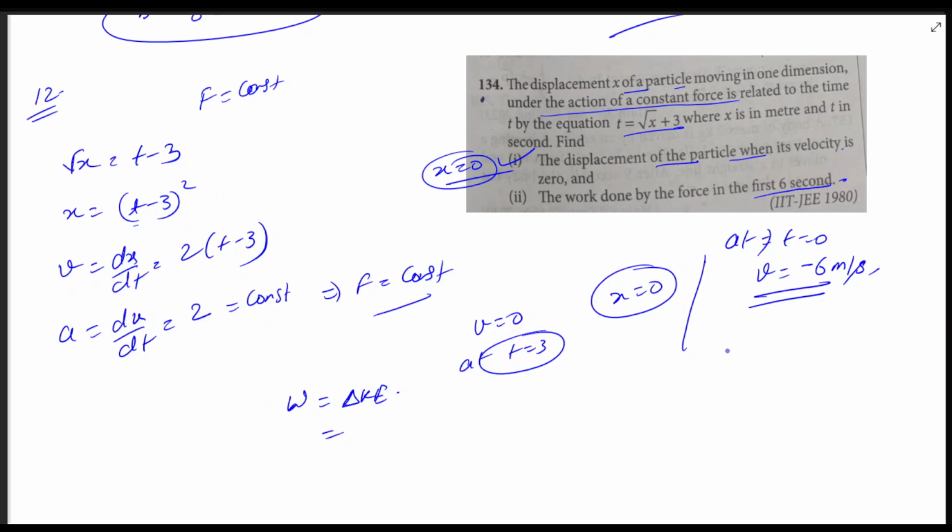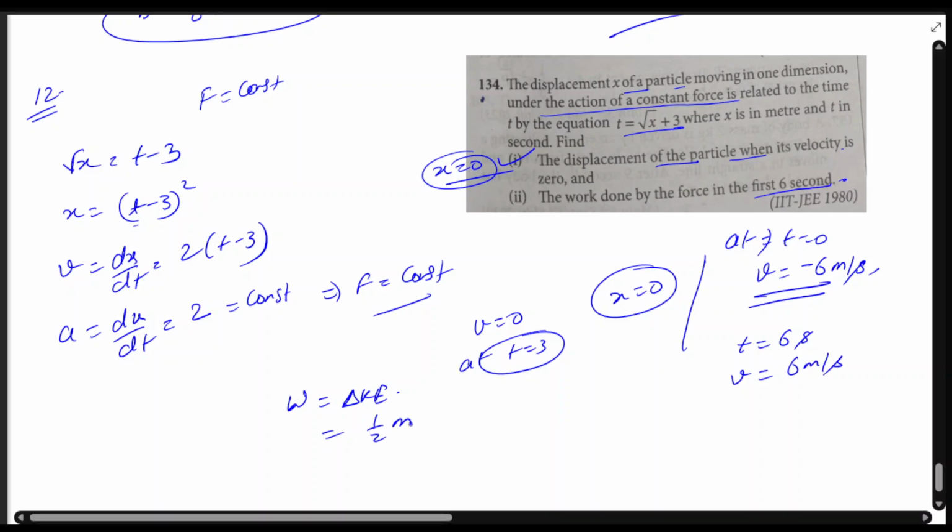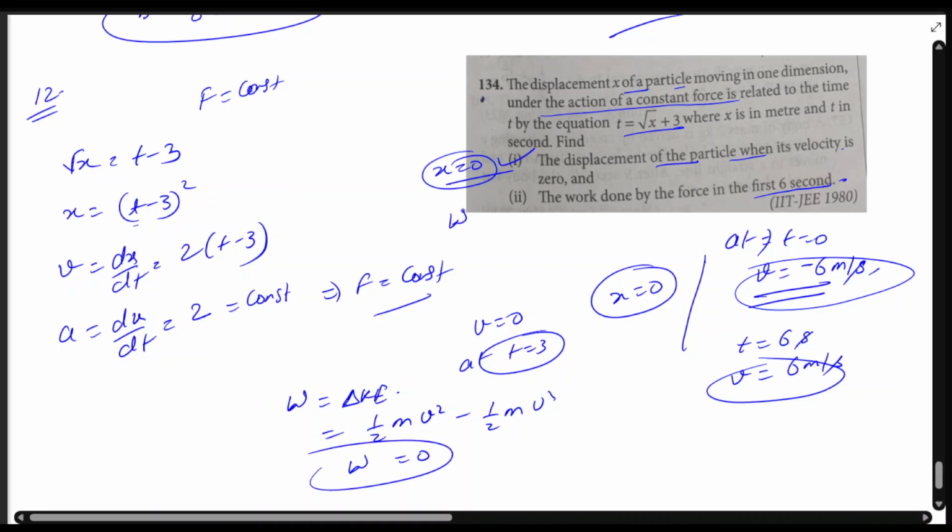Okay, right? Now at t equal to 6 seconds, velocity will be 6 minus 3, 3, times 2, 6 meter per second, right? So change in kinetic energy will be 0. So half m v square minus half m u square will be 0, right? Because speed is same. Speed is 6, so work done is 0. So again, work done by the force will be 0, right?